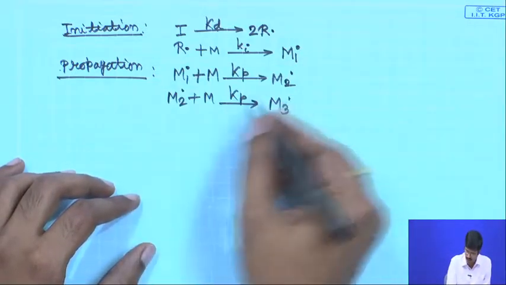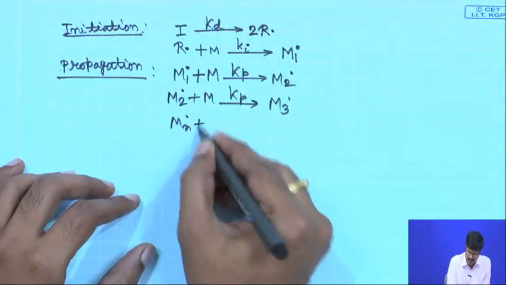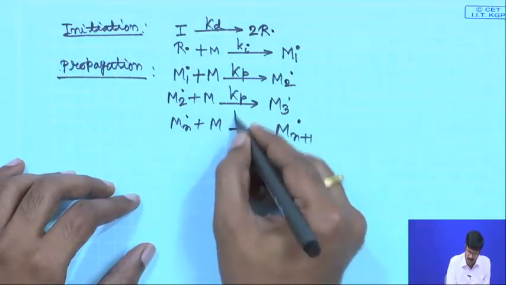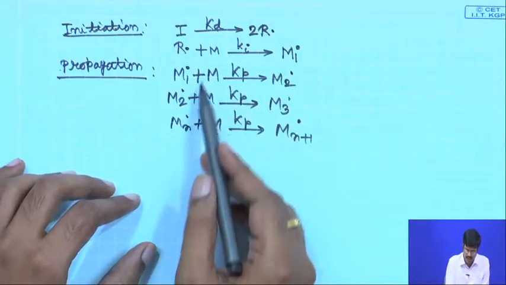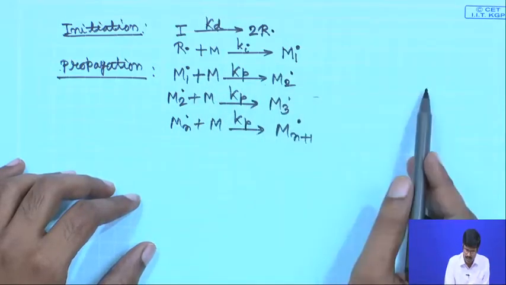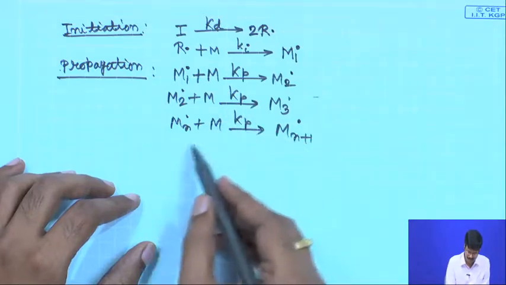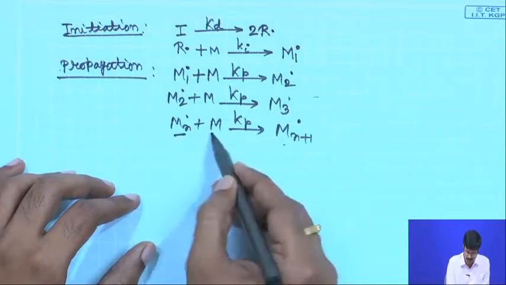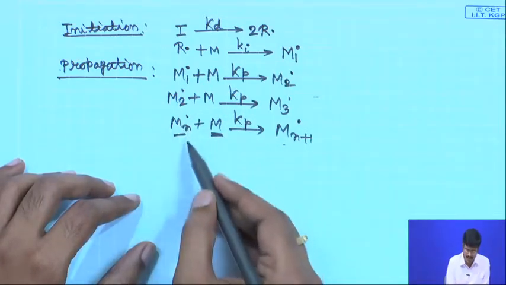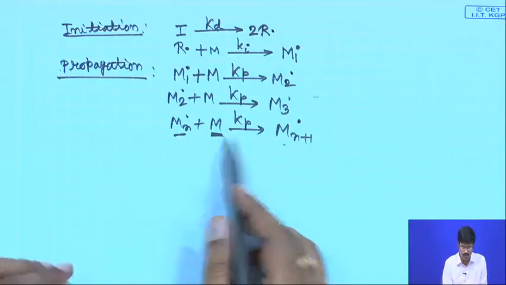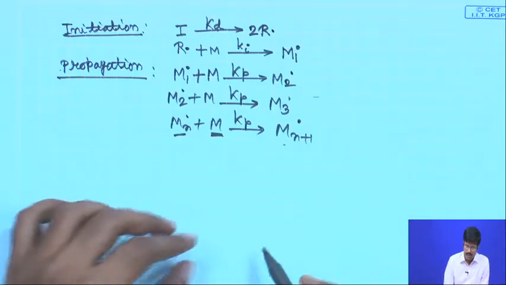In general, your Mn dot will react with M to produce Mn plus 1 dot. So, you see that there is a growing chain. Say n number of M units are there, and at the end of this growing chain more monomer units are added.